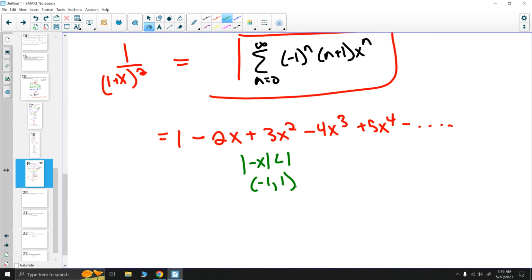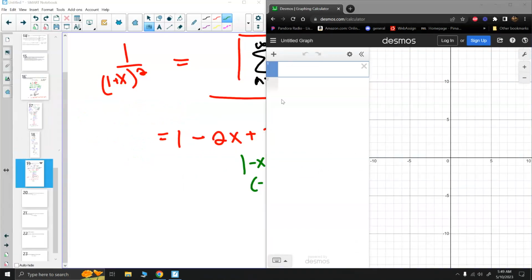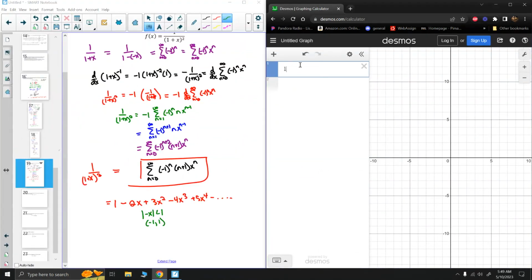And again, since we're differentiating it, it's not going to get any bigger. It would just stay the same, or get smaller. So this is our radius of convergence, and we're going to take a look at whether or not these two things look similar. 1 over 1 plus x squared.